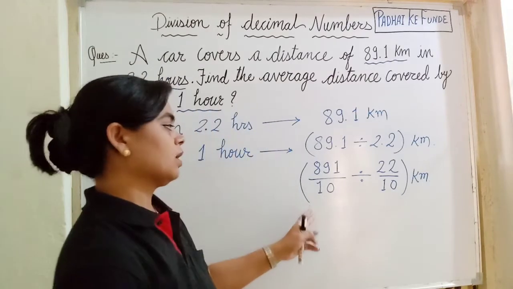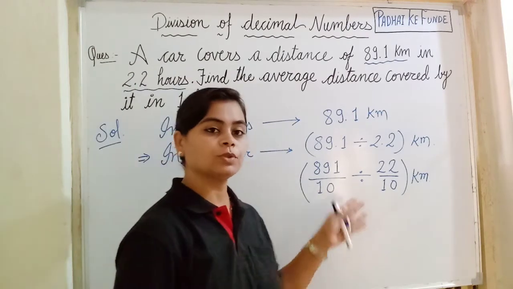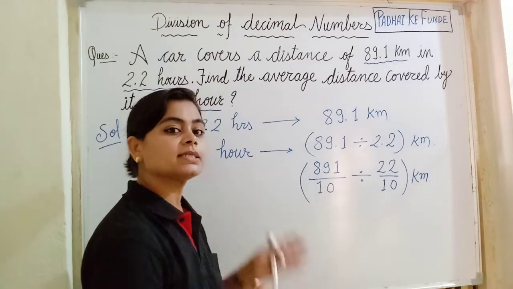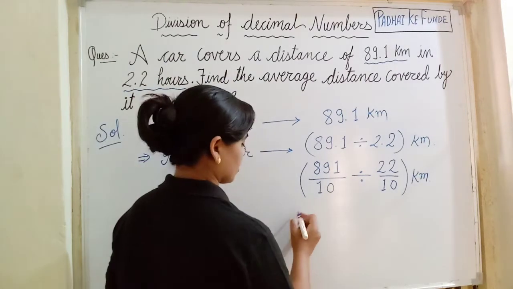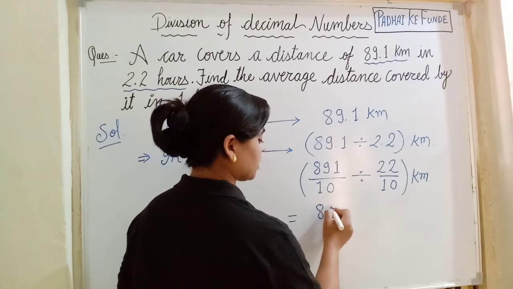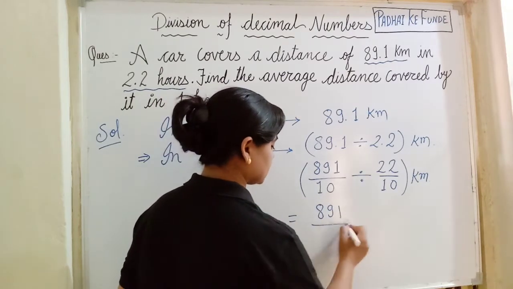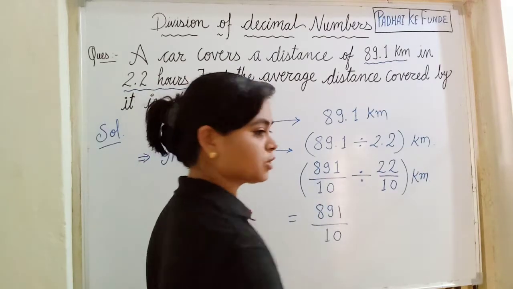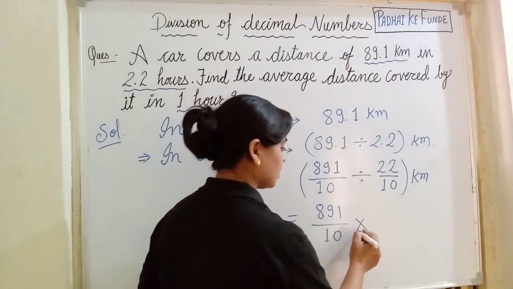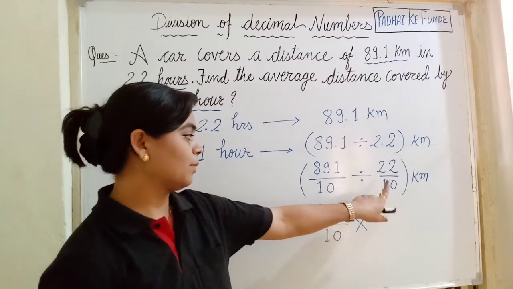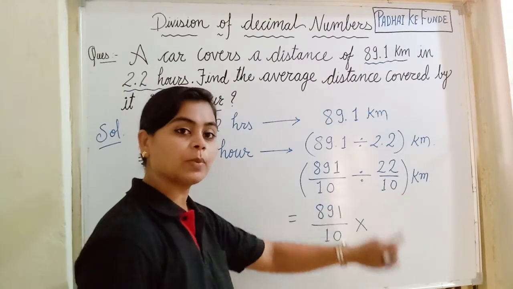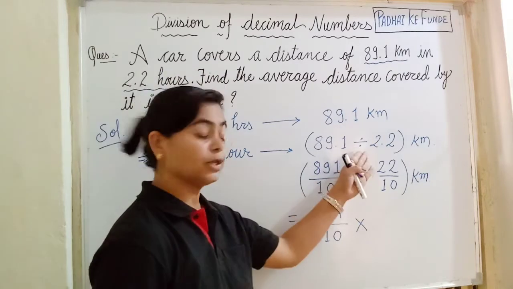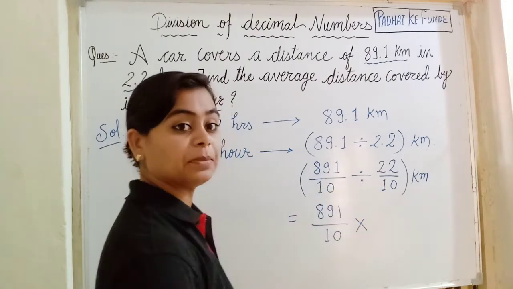Now, if you remember how to do division between fractions, the first fraction will be written as it is. Then this divide will convert to multiply. And in place of the second fraction, we will write the reciprocal of the fraction. That means the numerator and the denominator will be interchanged.